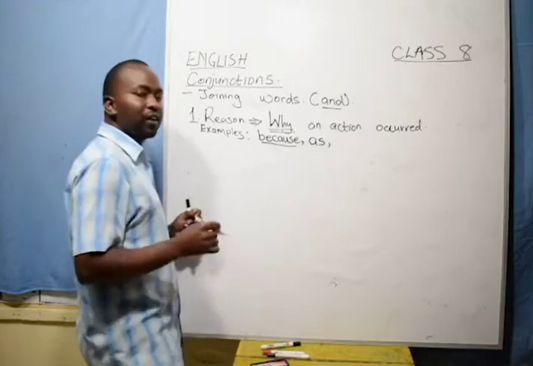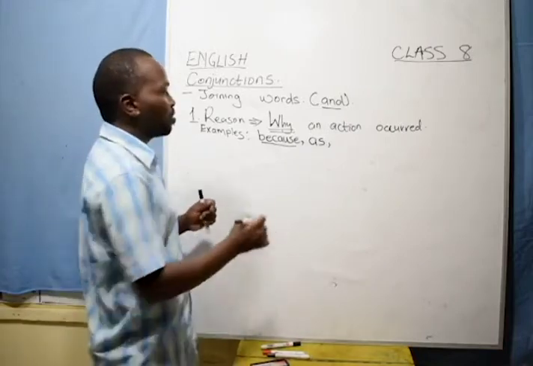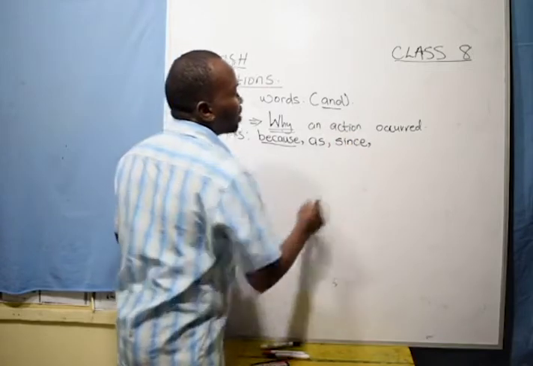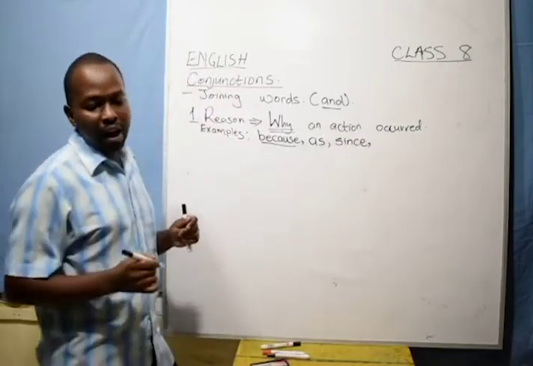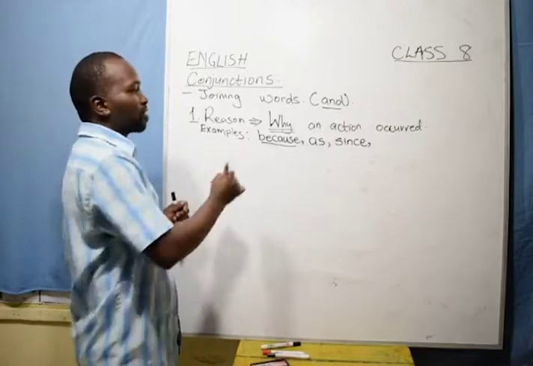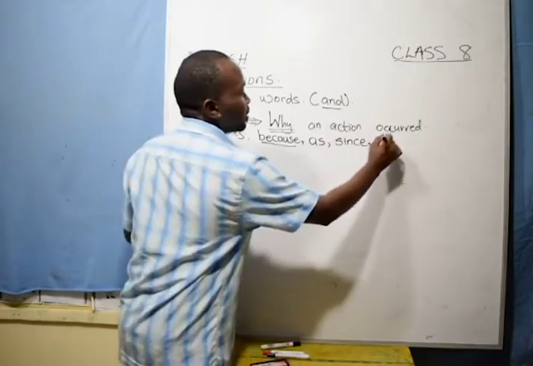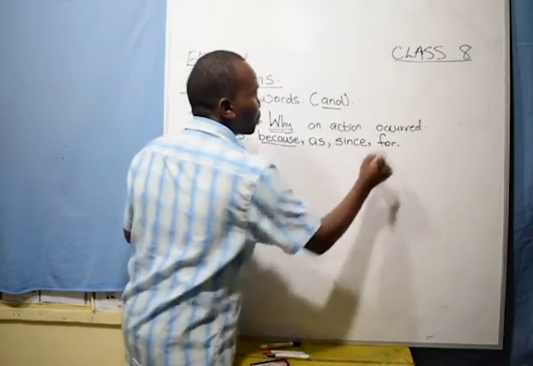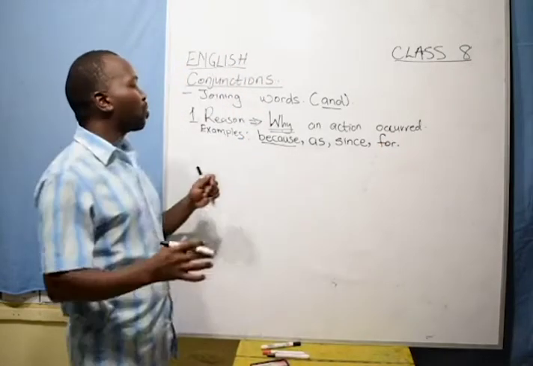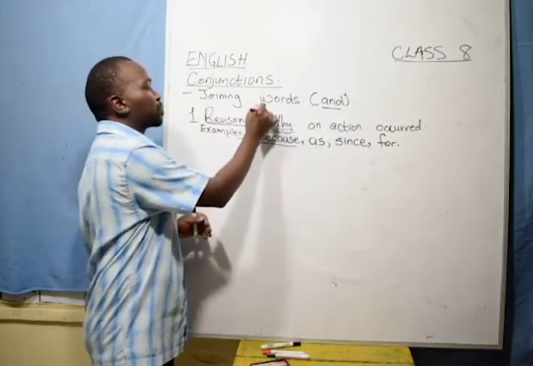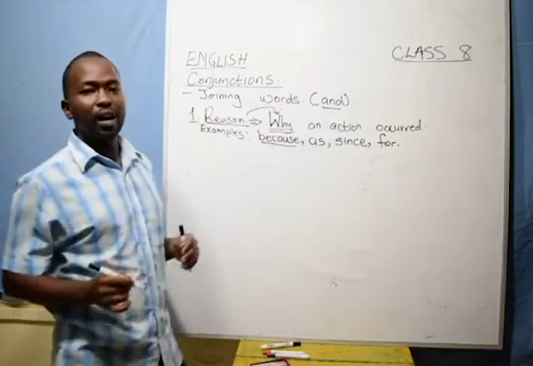Very good. You have since. Another one, let me help you, is the conjunction for. Now, these 4 words give us the reason. They explain why something happened.